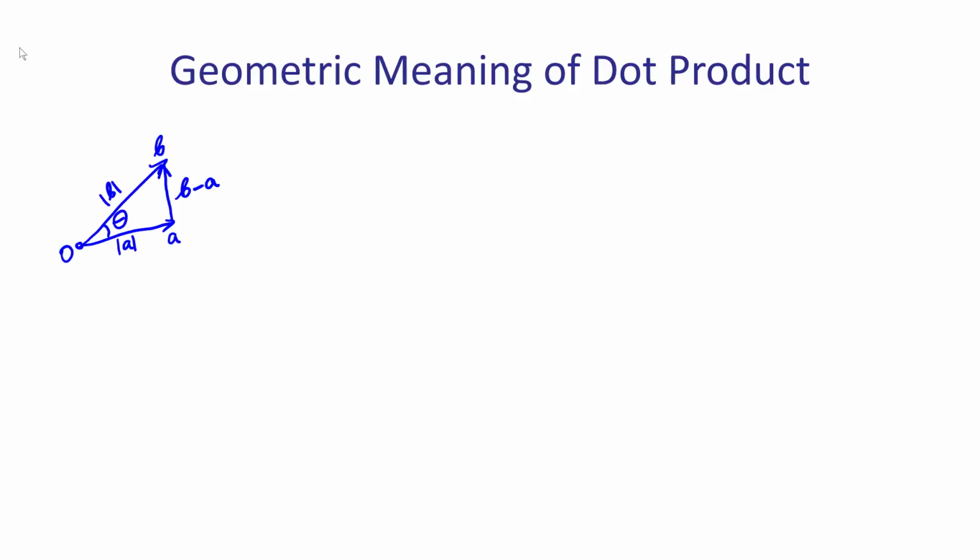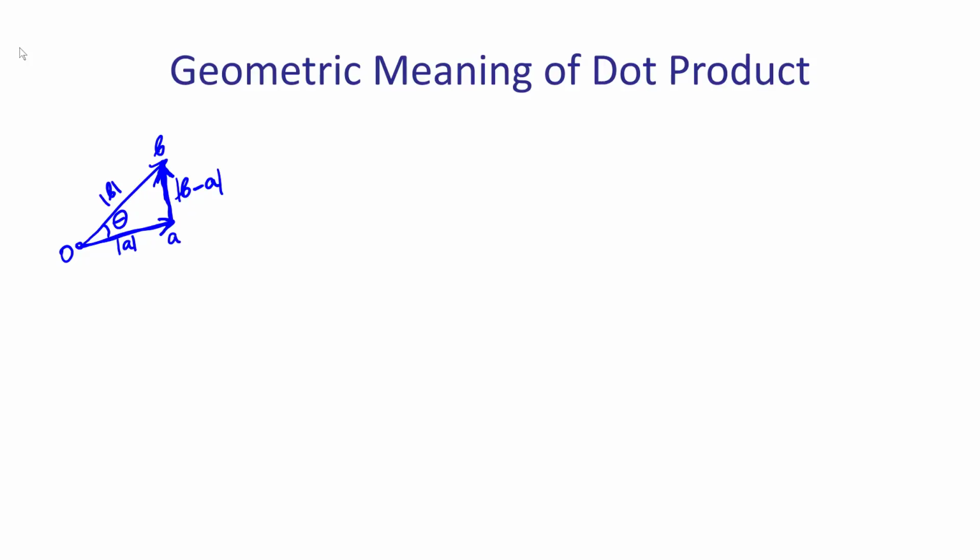If this is vector B minus A, then vector A plus the vector B minus A, which is A plus B minus A, should give you vector B. And this is what it does exactly. That distance between vectors A and B we will denote as the B minus A distance.